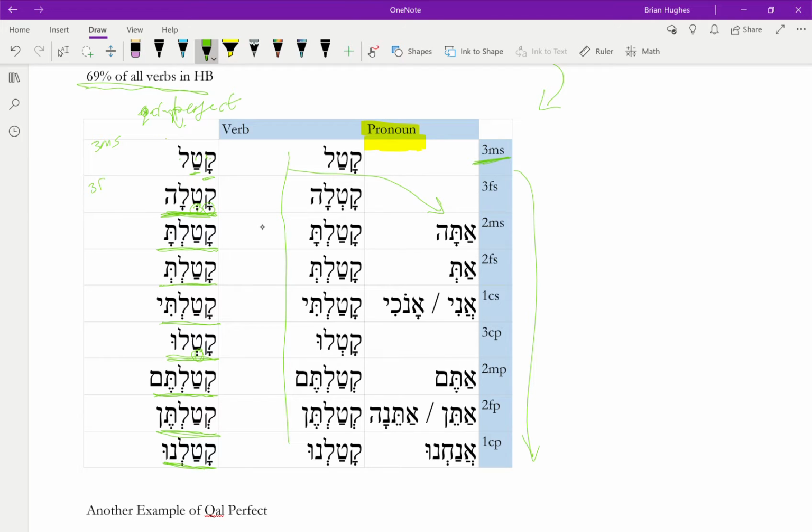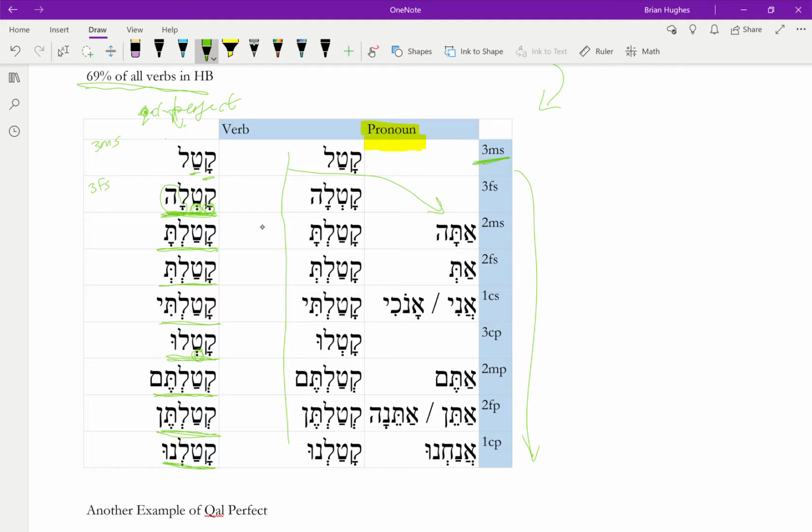Similarly, if I'm talking about a third feminine singular subject who's doing this action, and I've got this root in mind, what do I do with it? Well, I add a kamets under the first, a shava under the second consonant, and then this kamets hey is going to end it.